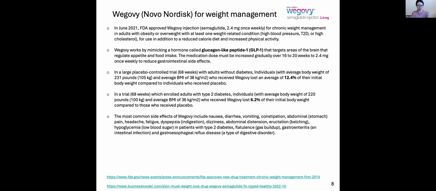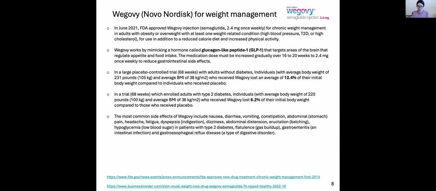There's going to be side effects. And the common side effects associated with Wegovy, including nausea, diarrhea, vomiting, constipation, abdominal pain, headache, fatigue, indigestion, dizziness, abdominal distension, belching, hypoglycemia, low blood sugar, essentially, in people with type 2 diabetes and are taking Wegovy.